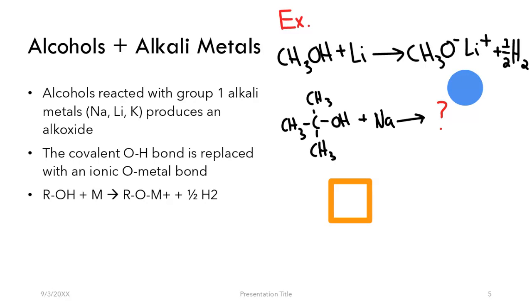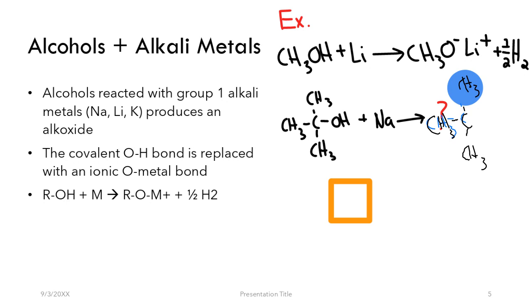Okay, so we can do this one. Again, it's very straightforward, just the exact same thing. This is that alcohol we just named, right? We have tertiary butyl alcohol reacting with sodium.